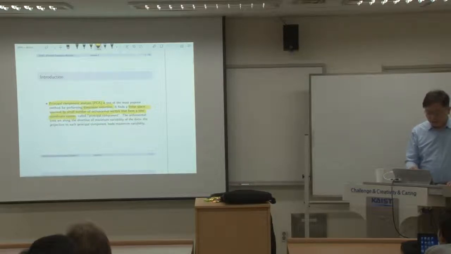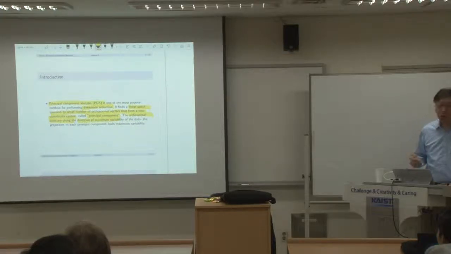Okay, so it's finding a new coordinate system. Okay, and this coordinate system is called the principal component, and it's defined by orthogonal axes in the direction of maximum variability, and this will become more apparent.